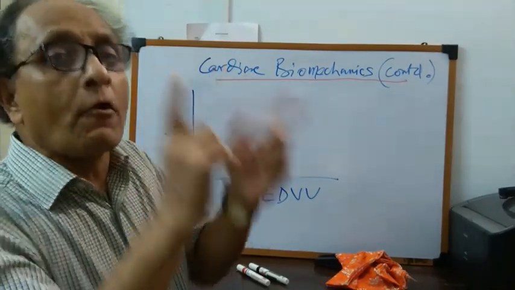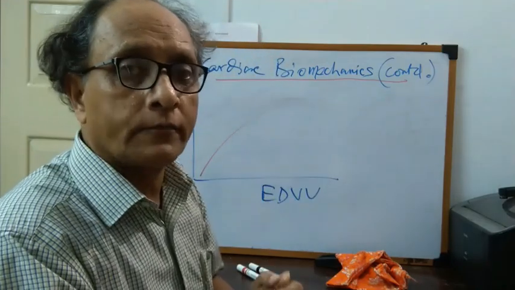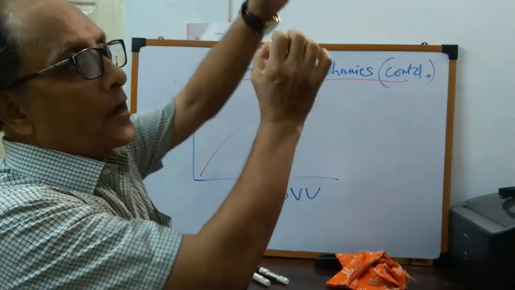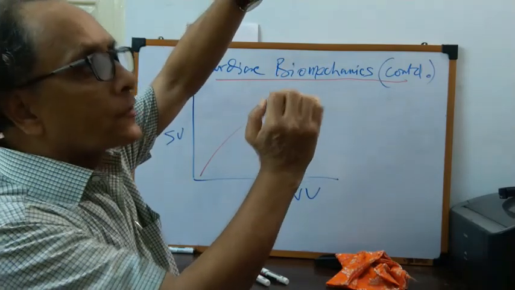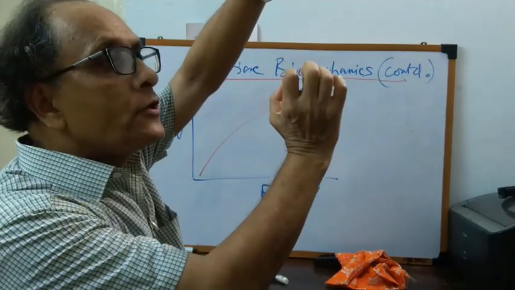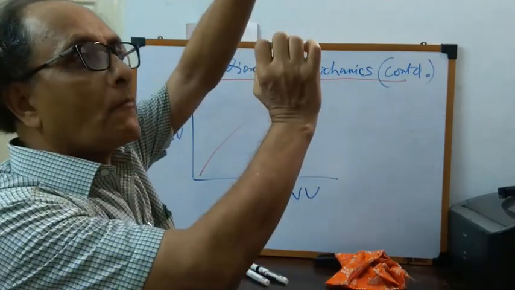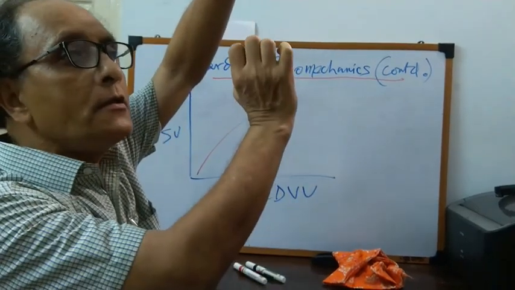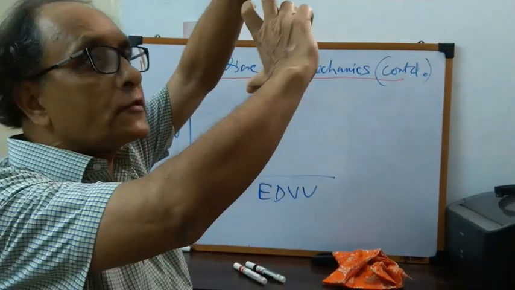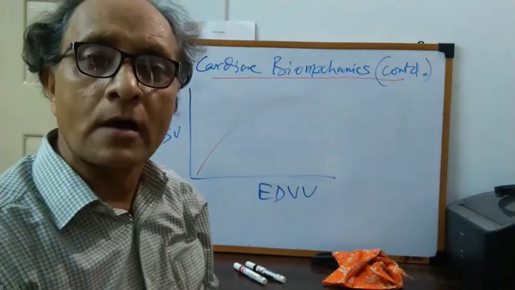So this EDVB is as if you think about my experiment of the earlier class, where I was showing you a sliding bar which was pulling the muscle strip and thereby increasing the resting length of the muscle strip. Can you remember?